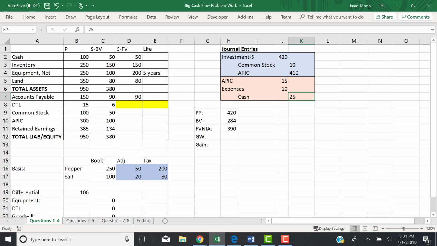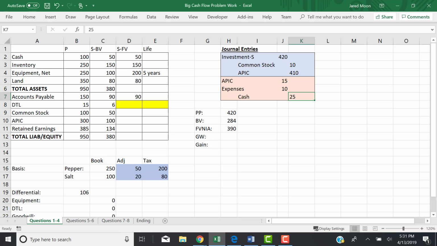So 15, and part of this is the 15 from that. Then the expense, it says that there were other direct combination costs. So you just expense those off on your income statement, and then you credit cash for that amount. So 15 and 10 right here come into that 25 for cash. That's just the basic journal entries that we do.